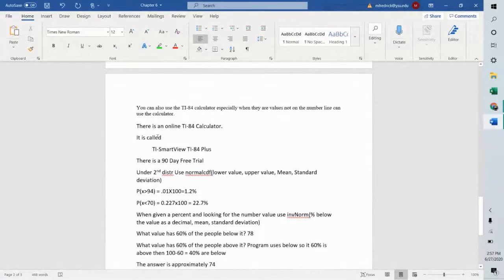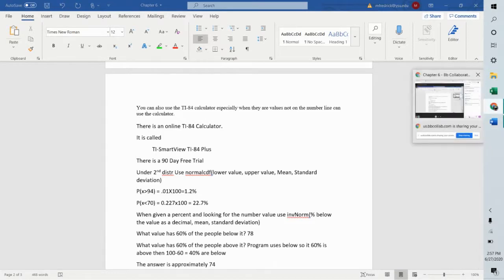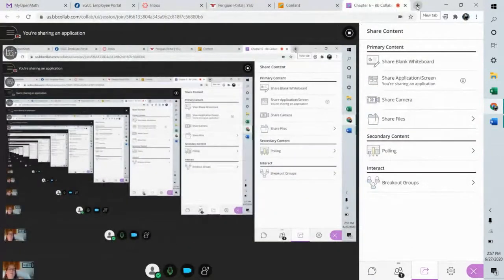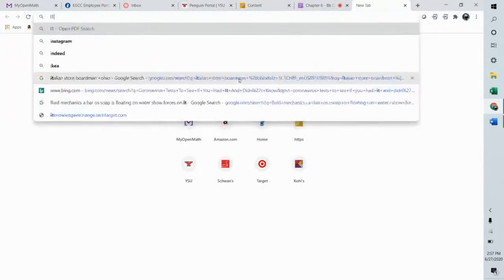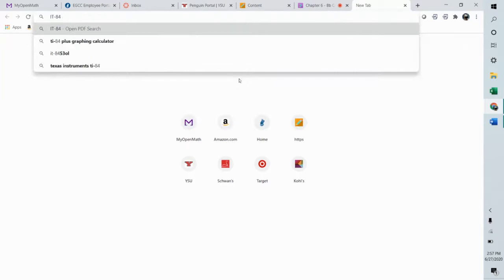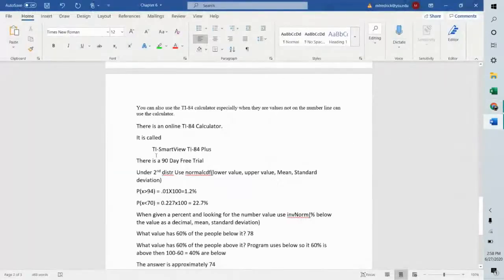Now you can also use the calculator, the TI-84 calculator, and I forgot to open mine up. Let me see if I can find it real quick. The one I used, just highlight this. It's the Smart View, and it has a free 90-day trial.